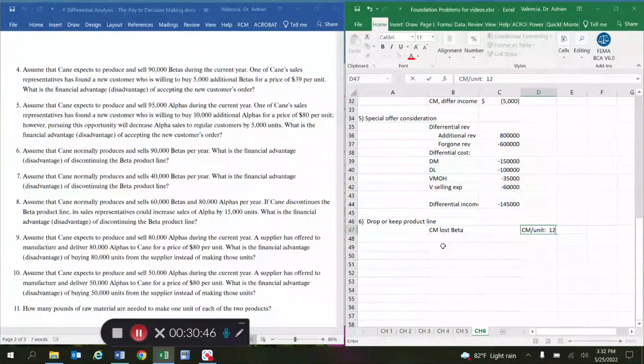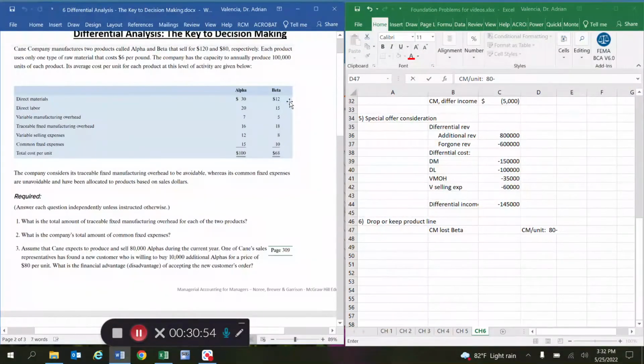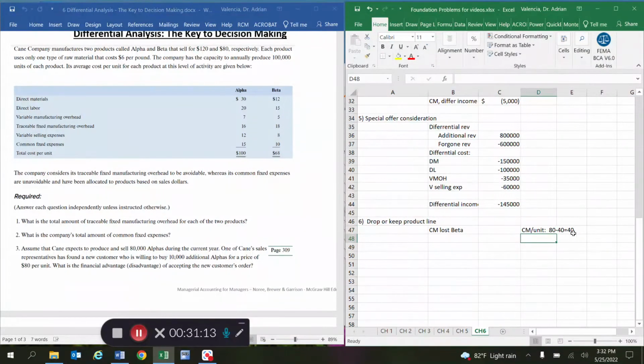Beta gets sold at $80. And then the variable costs for this item are 12, 15, 5, and 8. So that's 27, 32, and 40. So my variable costs for this computation are $40. In other words, each one of those products that we sell has a positive contribution margin of 40.